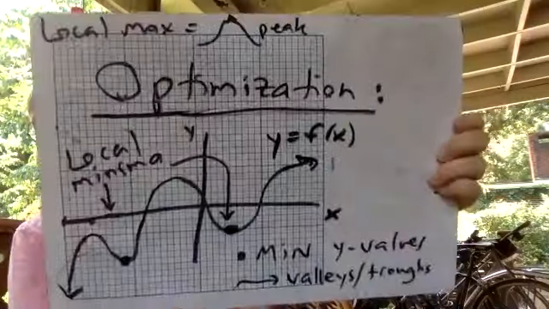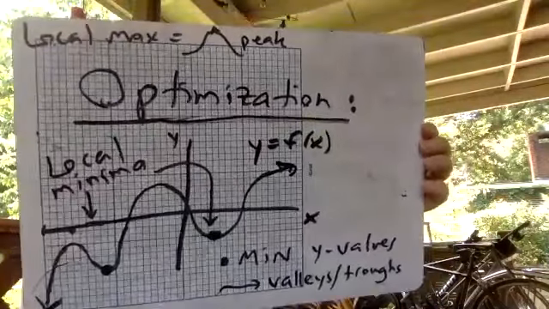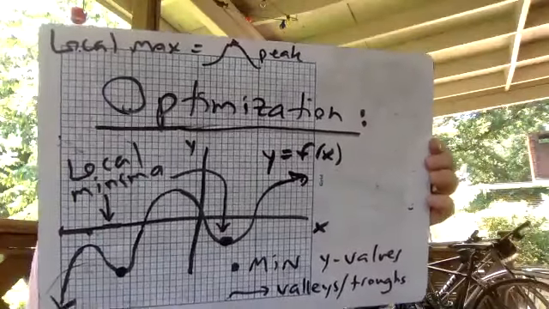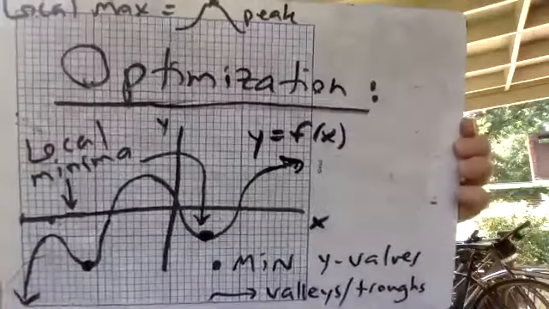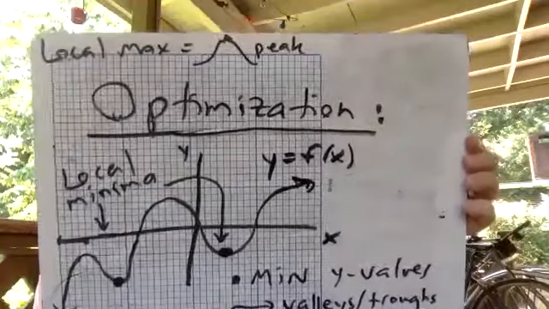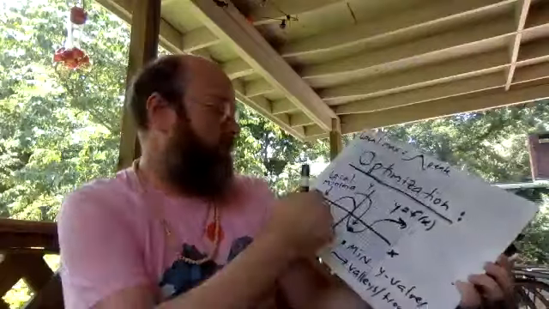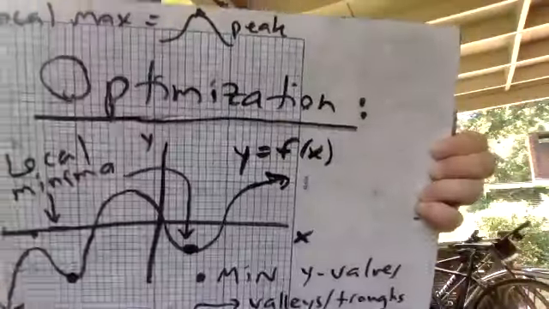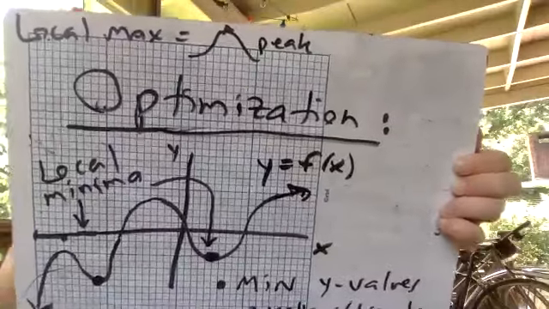These are the minimum values. Yeah, one of them is lower than the other. But locally, around where each of them happens, they're the lowest point. They're like the valleys. You can't see over the mountain to know that there's another low point there. All you know is that that's as low as it goes around there. Those are the local minima.